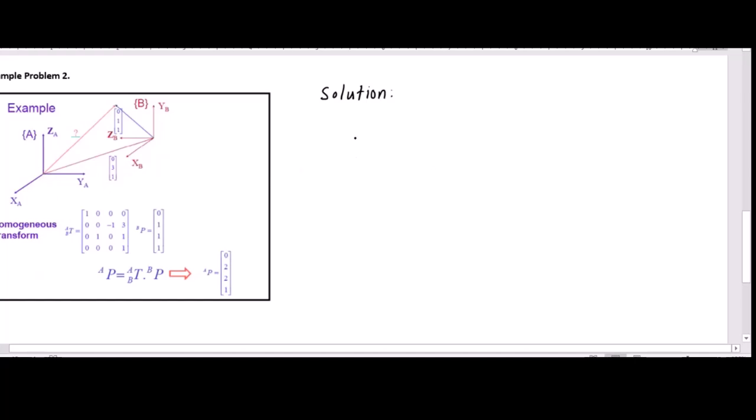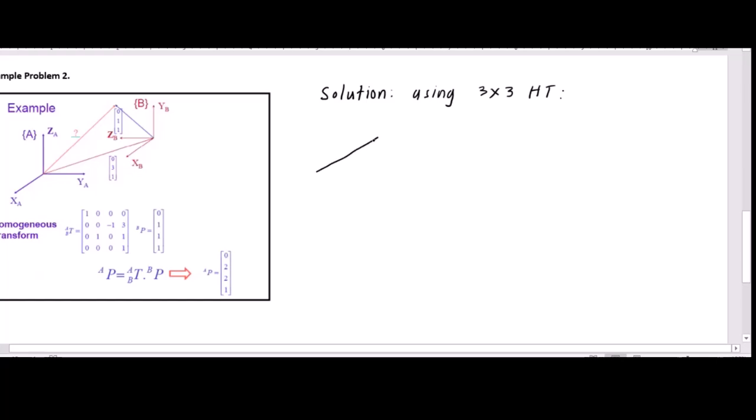To calculate that, we have two solutions. The first solution is using the 3x3 homogeneous transformation. So what is that?